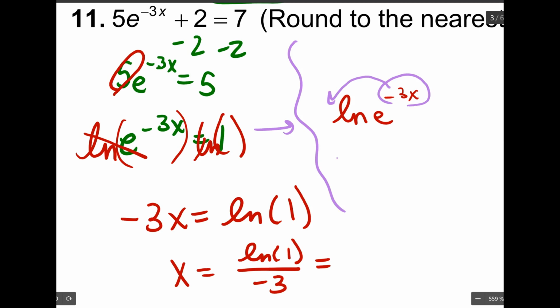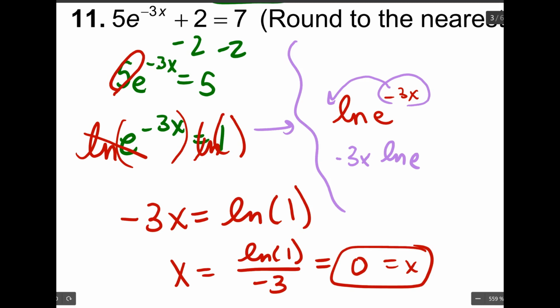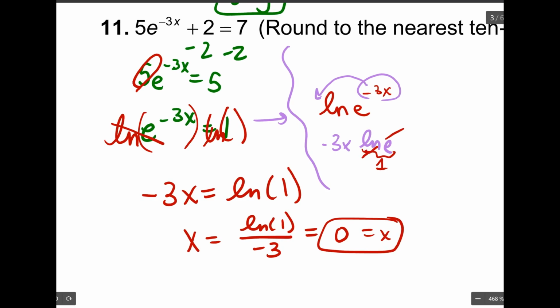Power property, bring it in front. Yeah, ln of 1 is 0. So that's equal to 0. Let's see, that's equal to 1. So it goes away. Alright, cool.